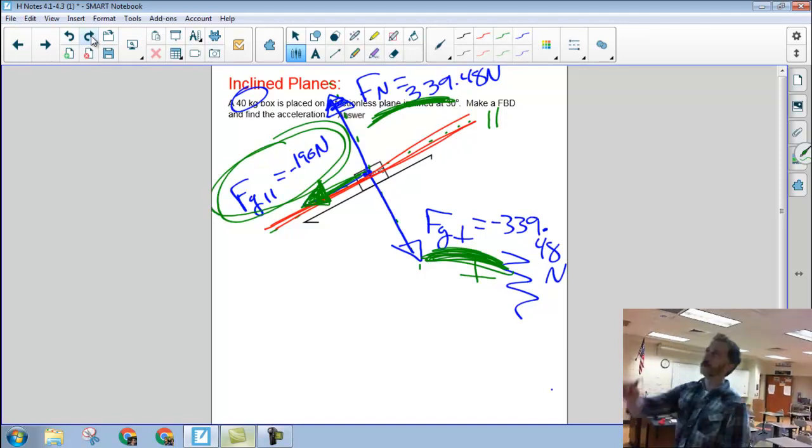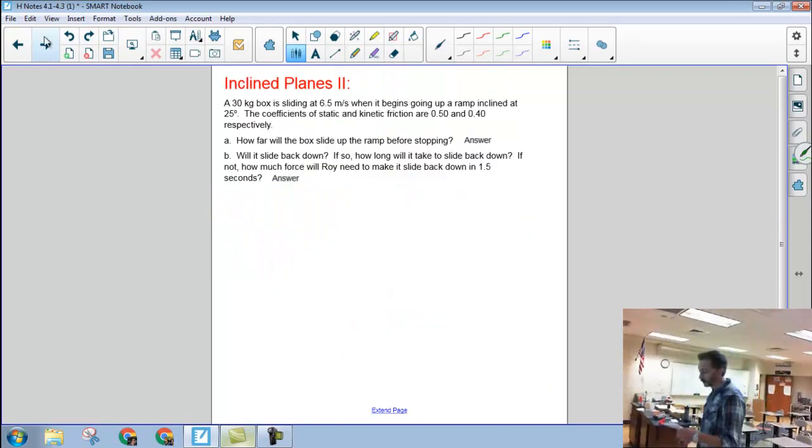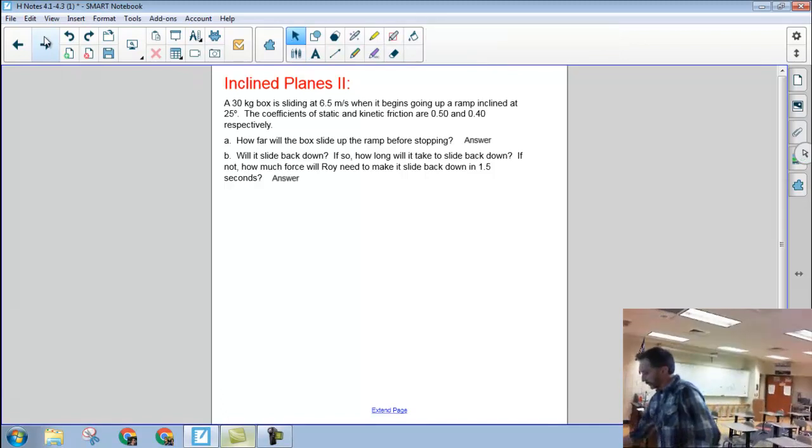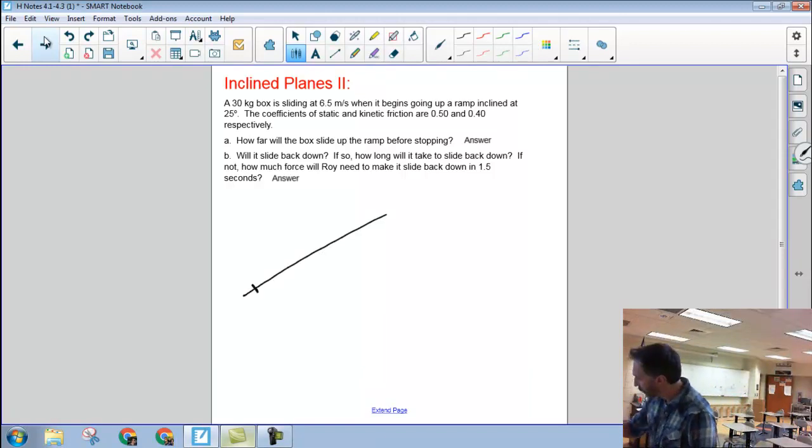Okay. So let's try another problem. I'm going to do this one as I would expect you to do a problem for a homework assignment. So here we go. A 30-kilogram box is sliding at 6.5 meters a second when it begins going up a ramp inclined at 25 degrees. So I'm going to start by drawing this. Here's my plane, inclined at 25 degrees.